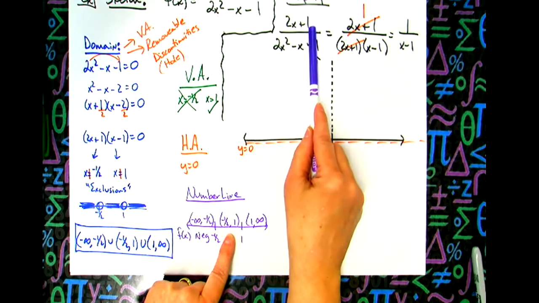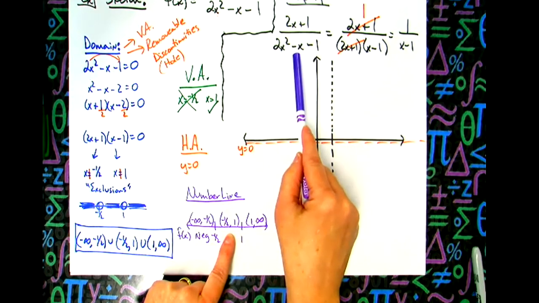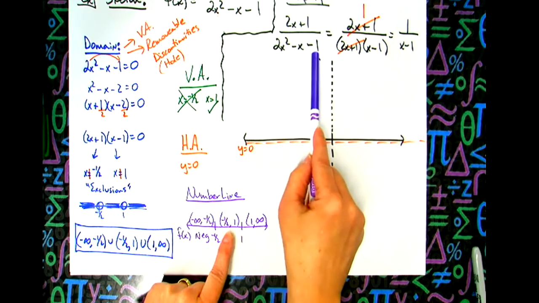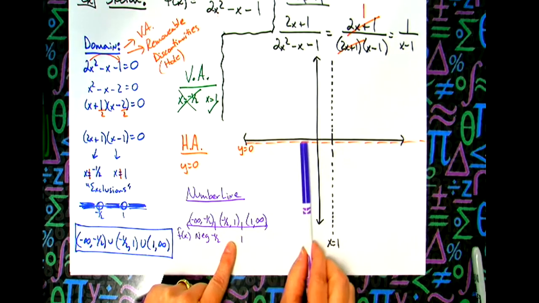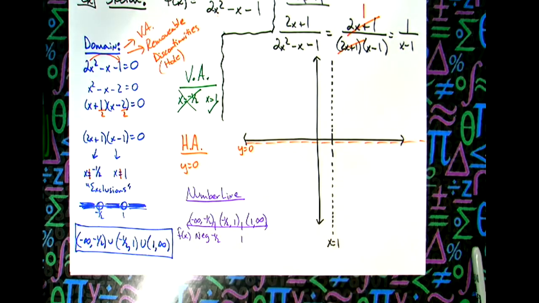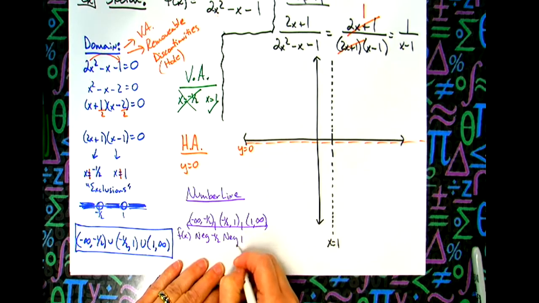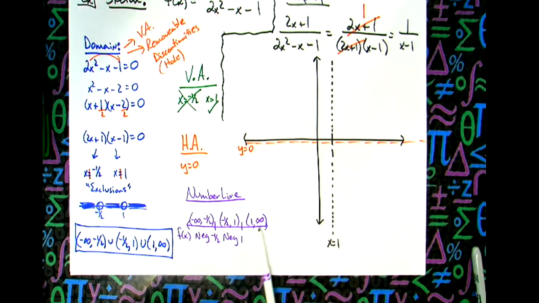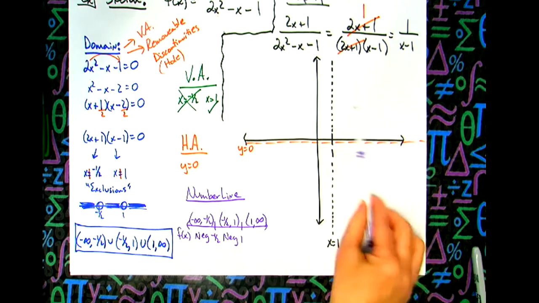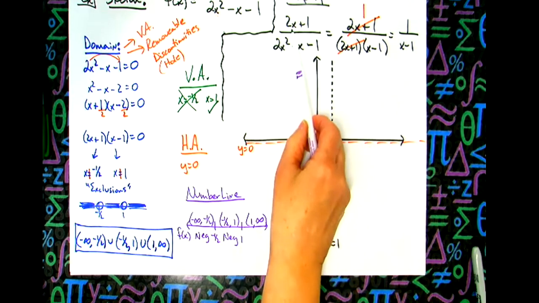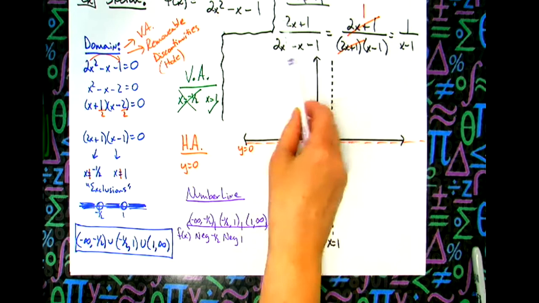All right, if I plug 0 into that top, I get a positive number. If I plug 0 in here, I get a negative number. Positive divided by negative means it's going to be negative here. So even in between negative 1/2 and 1, it still remains negative. And then if I pick a really big positive number, it doesn't matter what number I pick over here, that top stays positive.